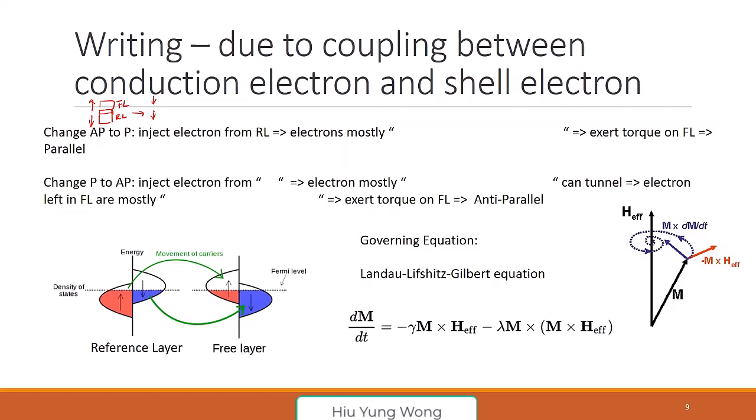So what do I do? We're going to inject electrons from the reference layer. How do you inject electrons from the reference layer? It means electrons go from the reference layer to the free layer. So what voltage should you apply to the reference layer, positive or negative?